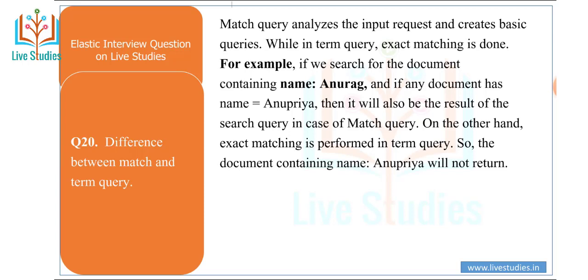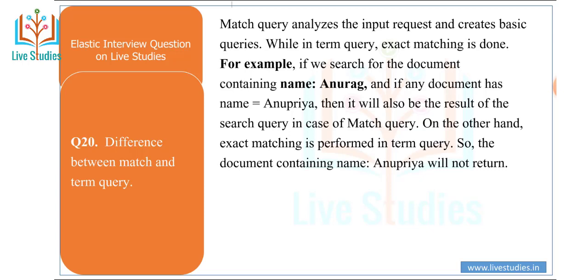For example, if you search for documents containing the name Anurag, and if any document has the name Anupriya, then it will also be a result of the search query in case of match query. On the other hand, exact matching is performed in term query, so the document containing the name Anupriya will not be returned.